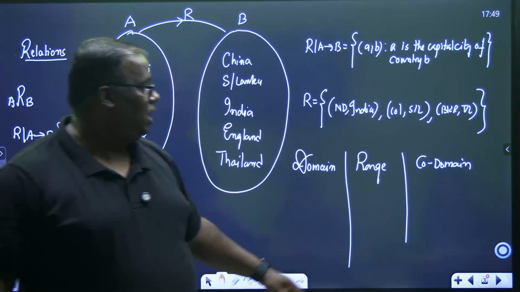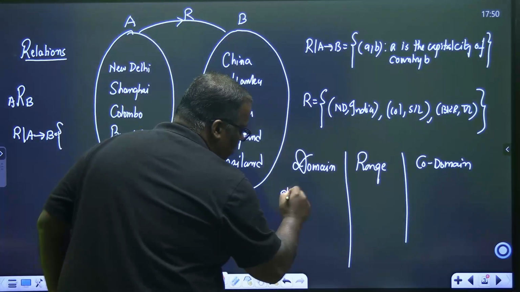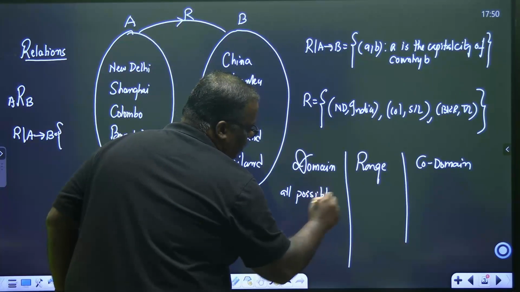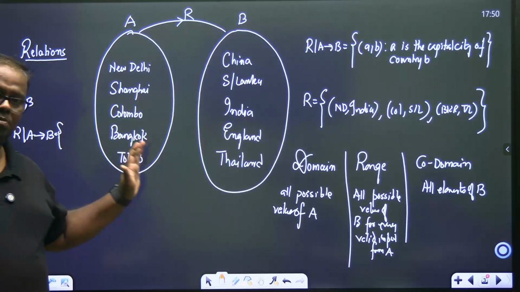Codomain stands for everything that was a part of set B. So this is all possible values of set A. This is all possible values of B for every valid input from A, and this is all elements of B. Tell me, children, is this clear or not? This has to be clear first. This example makes it clear.